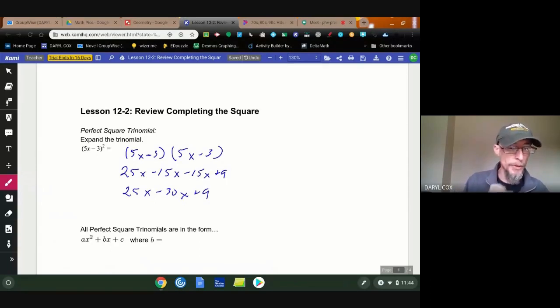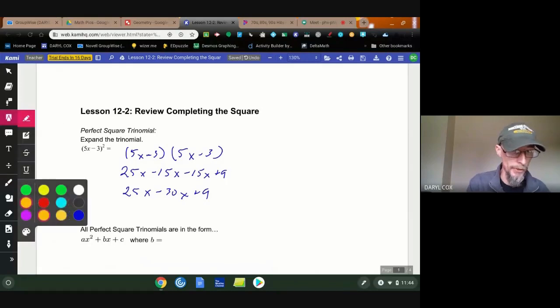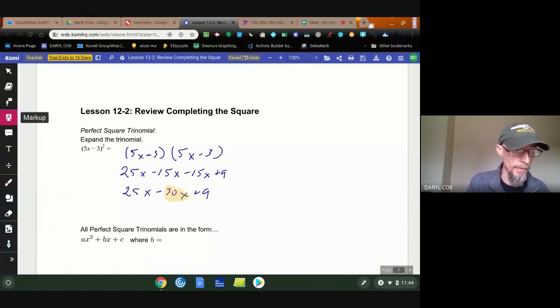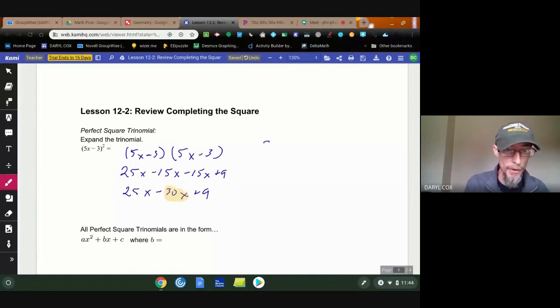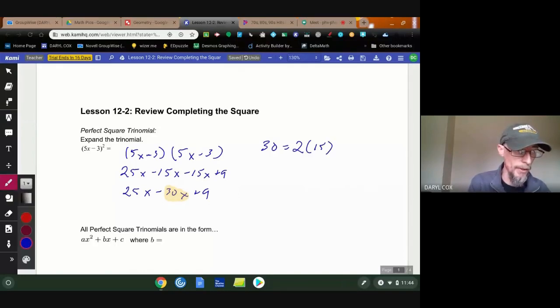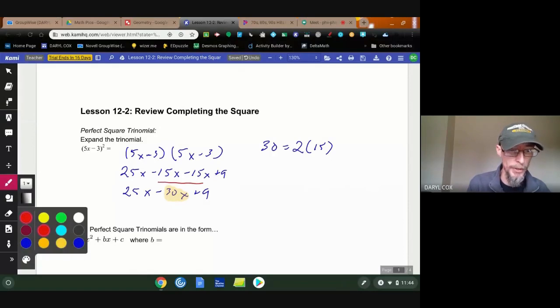So what we want to do now is look at one particular term of this. I want to look at this 30x. In fact, I don't even care about the plus or minus in the middle. Just looking at the 30, the number 30 is really 2 times 15. That's how we got there. The reason we got the 30 is because we have two 15s right there.